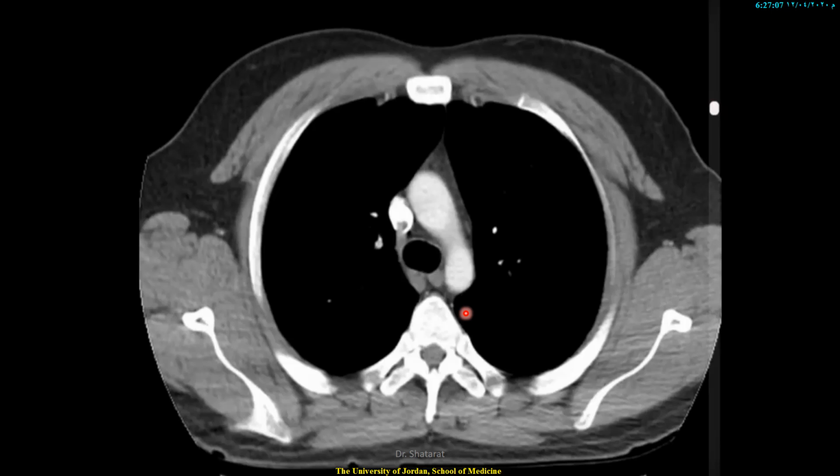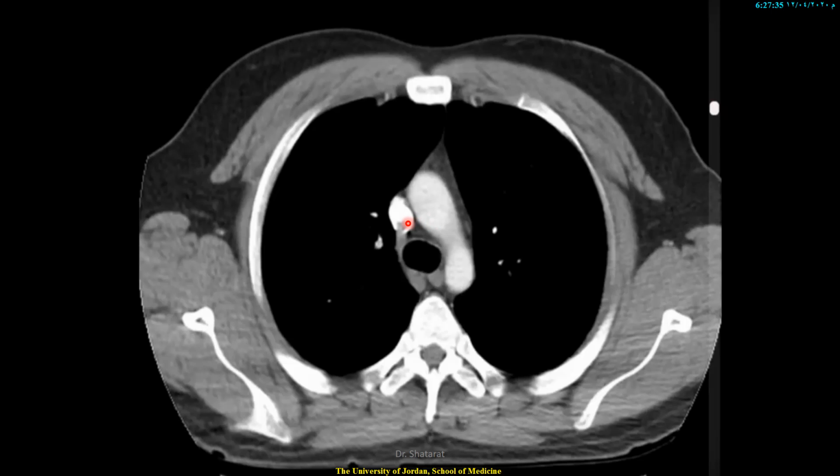Here still, as I showed you, the arch of the aorta in the superior mediastinum, to the right side we have the superior vena cava. Remember that I told you, behind the manubrium, in the lower part we have the arch of the aorta, and in the upper half we have its branches.